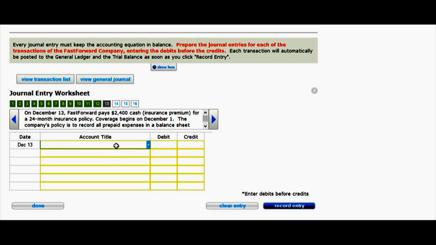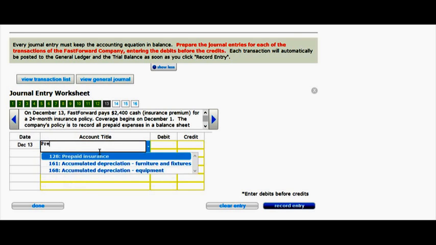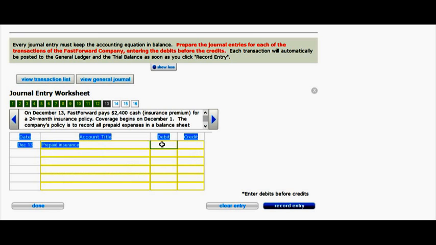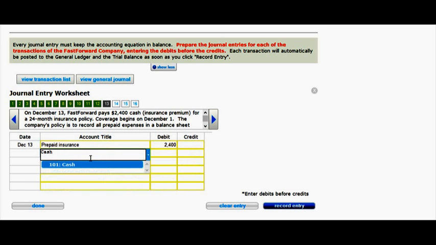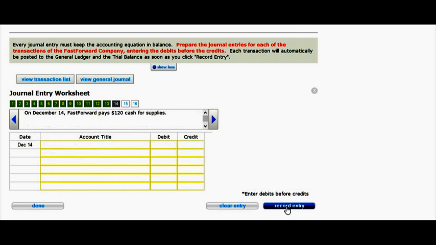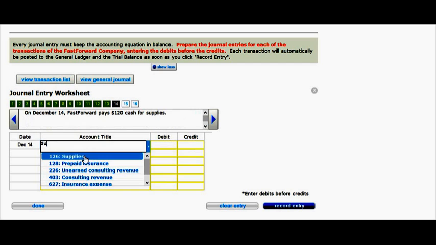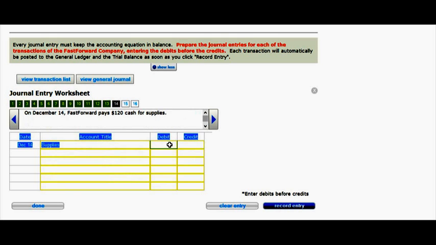Pays cash insurance premium for a 24-month policy. Prepaid insurance, $2,400, and credit cash, $2,400. Record the entry. Pays cash for supplies, again, increase supplies, $120.